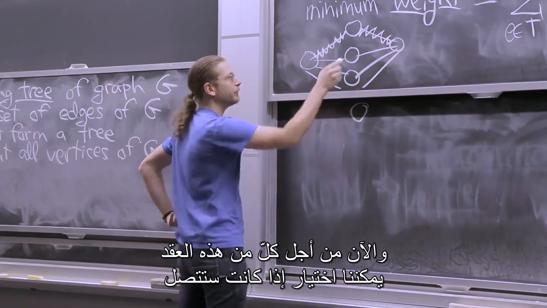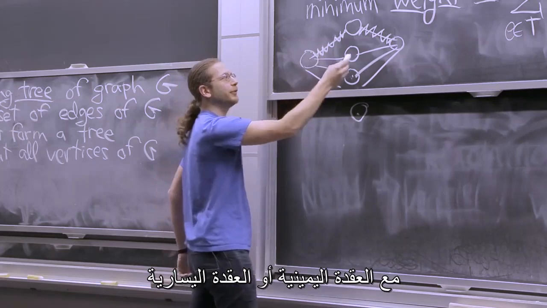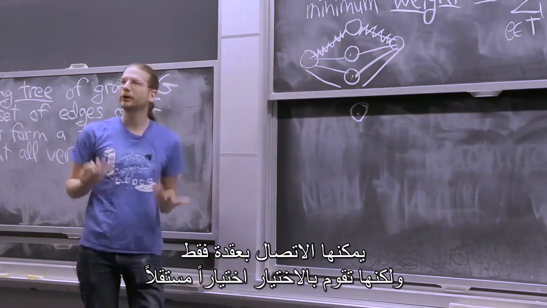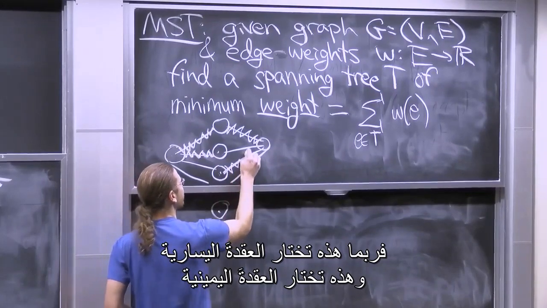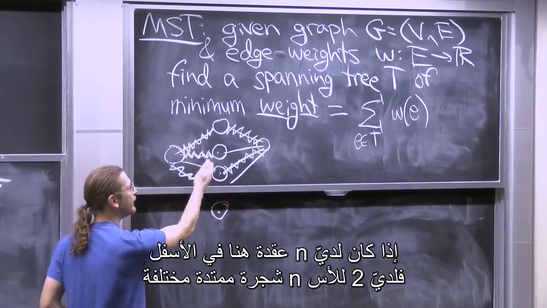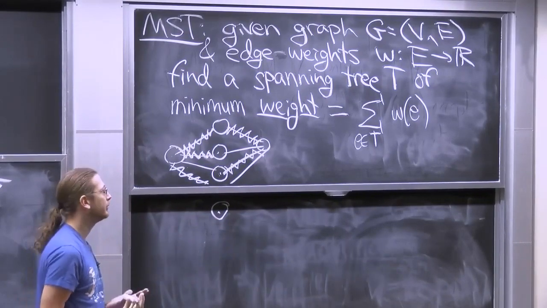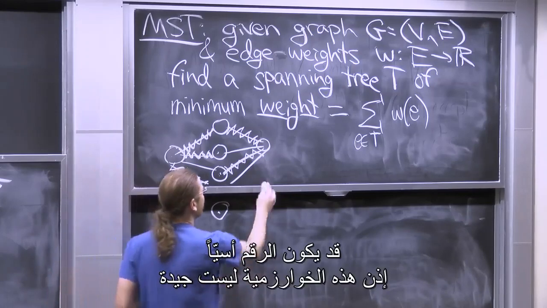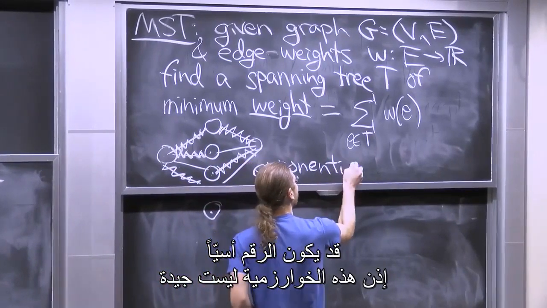And now for each of these vertices, we can choose whether it connects to the left vertex or the right vertex. It can only do one, but it can do either one independently. So maybe this one chooses the left one, this one chooses the right one, this one chooses the left one, and so on. If I have n vertices down here, I have 2 to the n different spanning trees. So there can be an exponential number. So that algorithm is not so good.